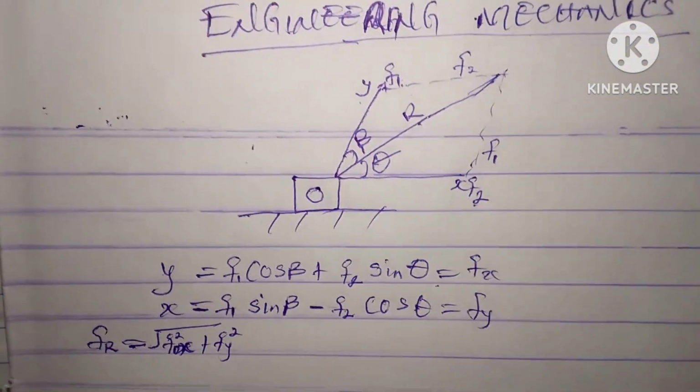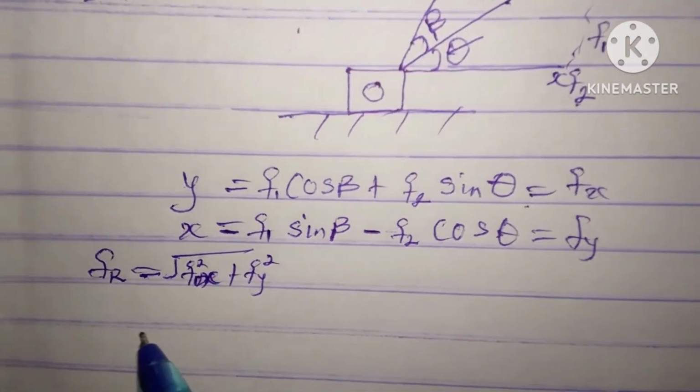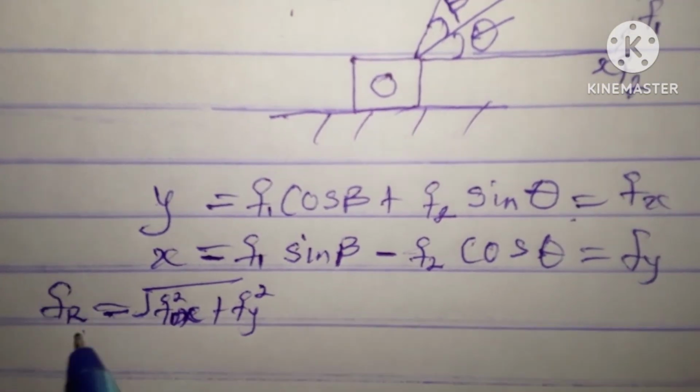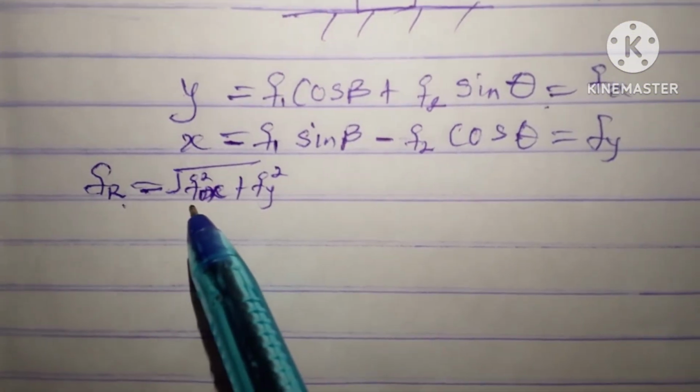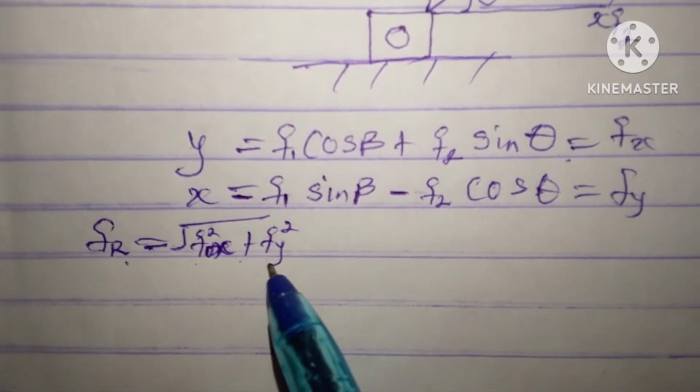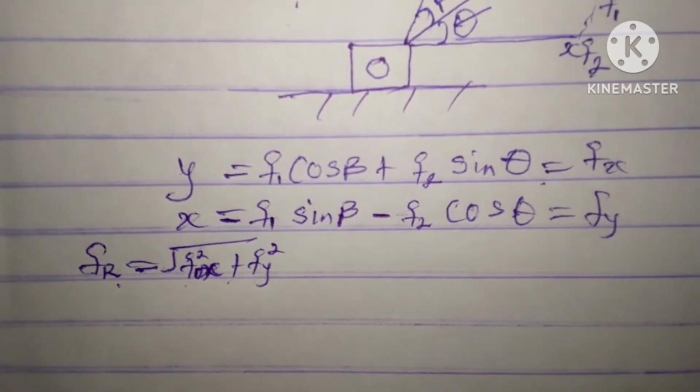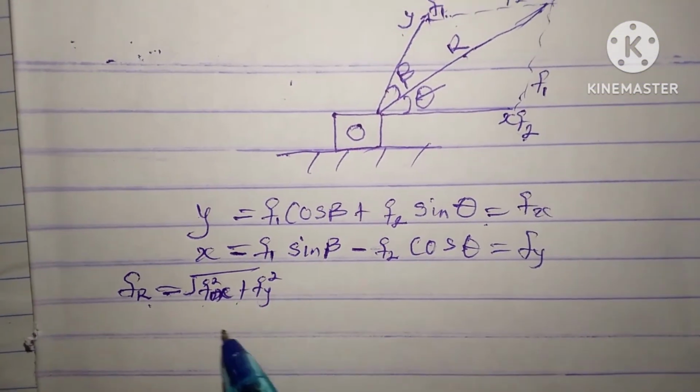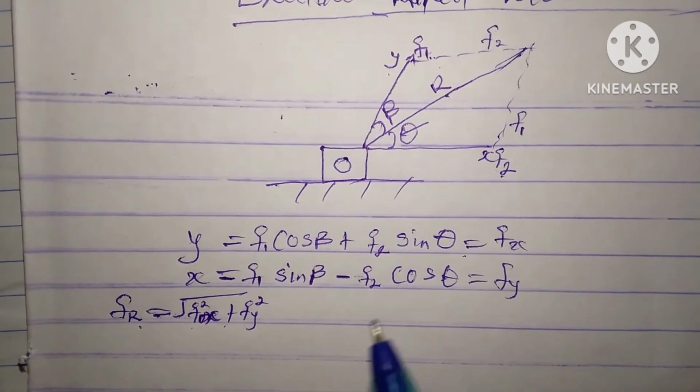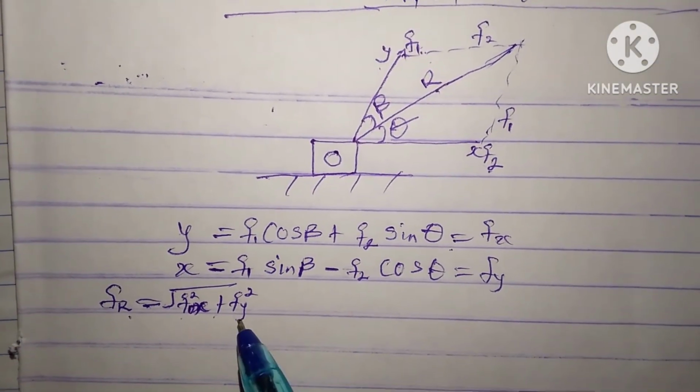For you to find a resultant force, you have Fr, which is the resultant force, equal to the root of Fx square plus Fy square. If you input the values, you are going to find the resultant force.